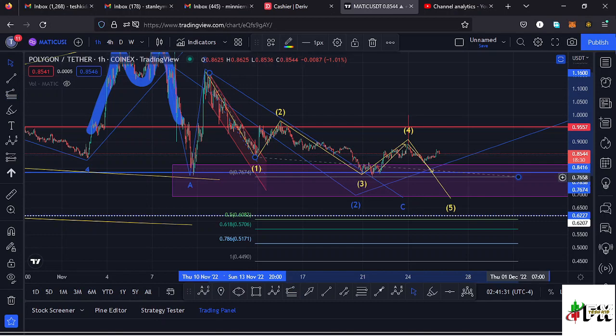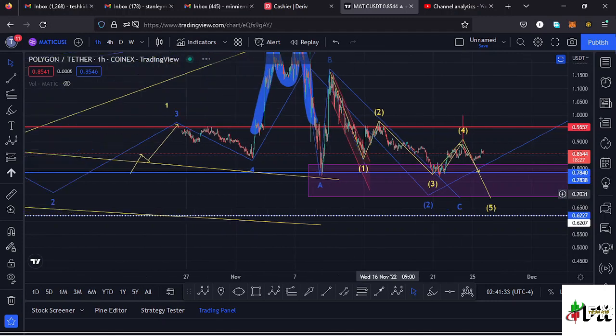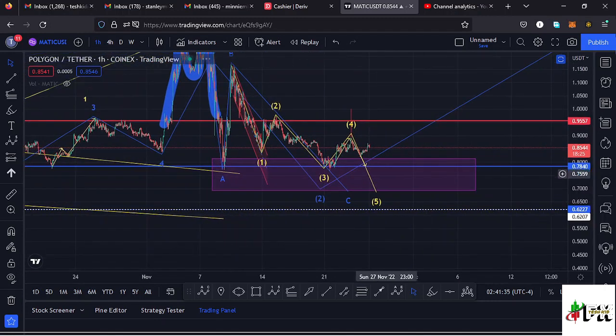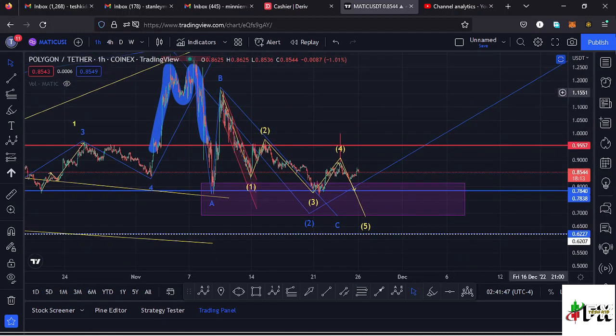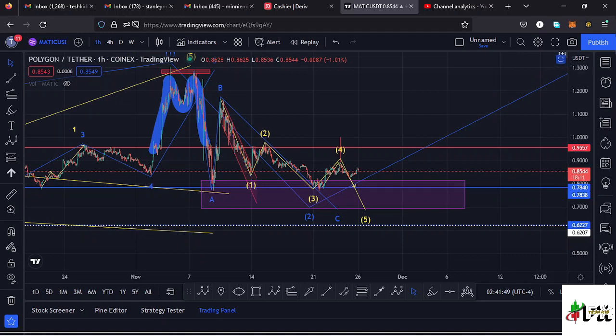And that means there are high chances that this target area that I have right here might not be the perfect target area in the formation of this higher Elliott wave count 2, and we might see even lower prices below the $0.69 mark and maybe get back to around the $0.57 mark. So let's be prepared for that here on the Polygon Matic chart.